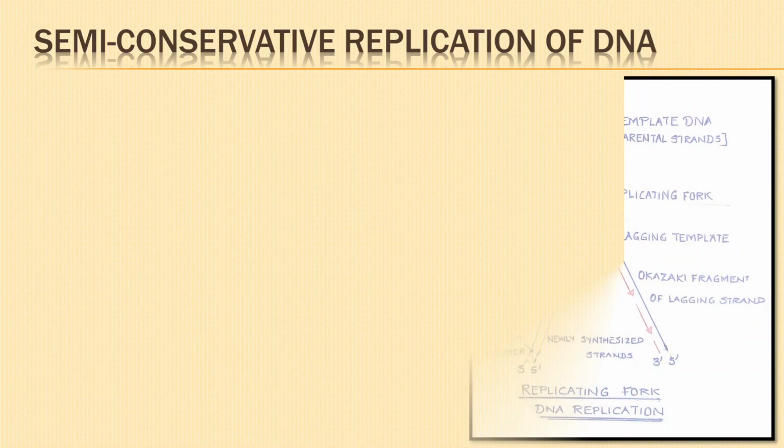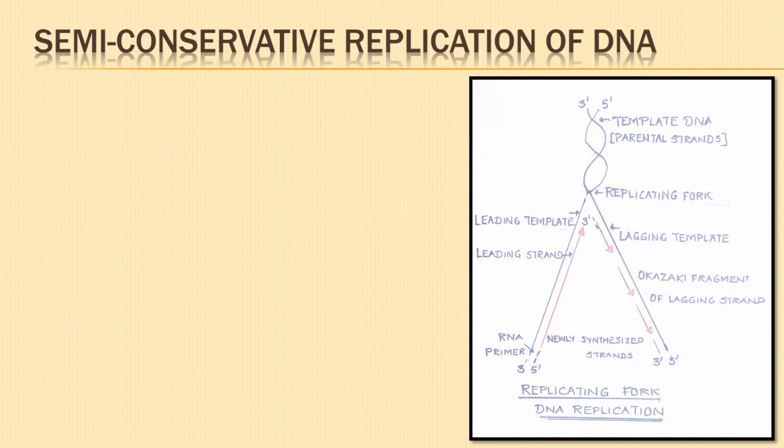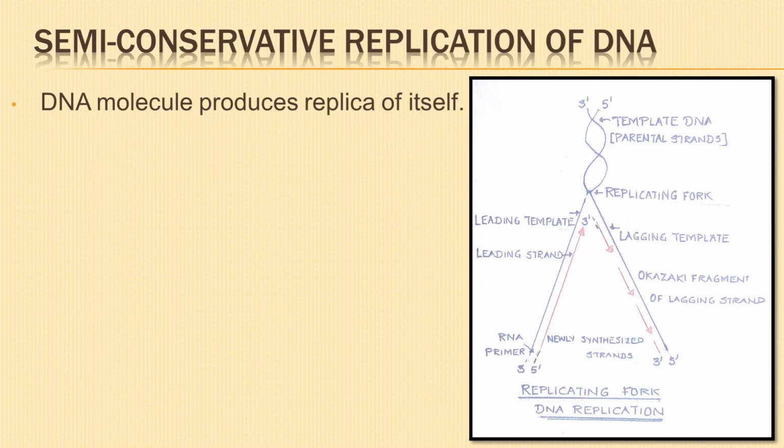Now we will learn about the semi-conservative replication of DNA. The process in which a DNA molecule produces exact copy or replica of itself is known as replication of DNA. In eukaryotes, it takes place inside the nucleus.